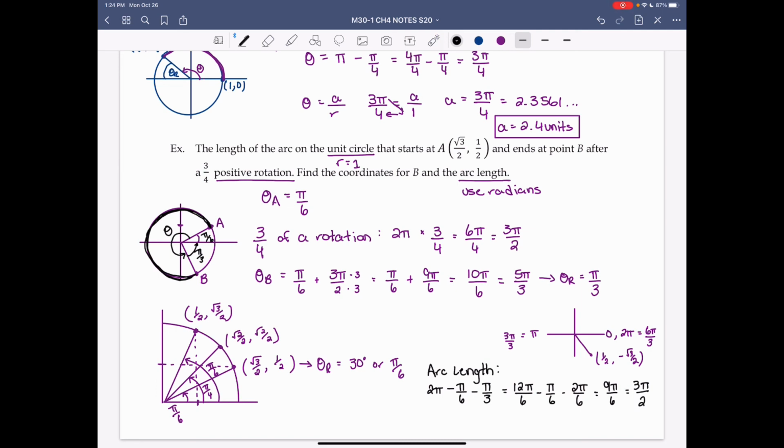And then we can use our arc length calculation. Theta equals A over R. In this case, theta is 3 pi over 2. We don't know A, and R is 1. Cross multiply and divide. We get A equals 3 pi over 2. Or we can calculate it.